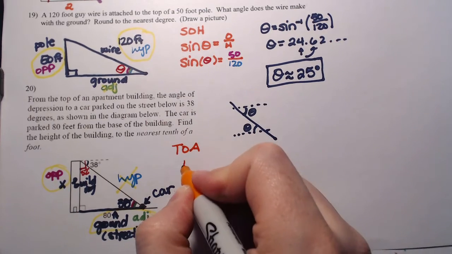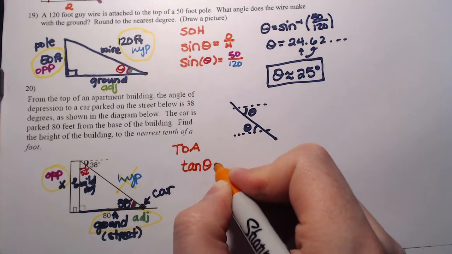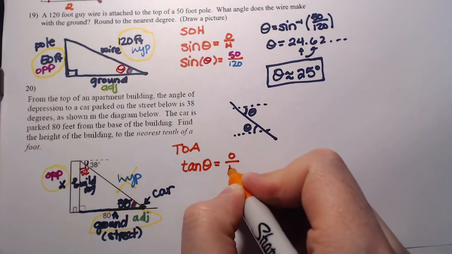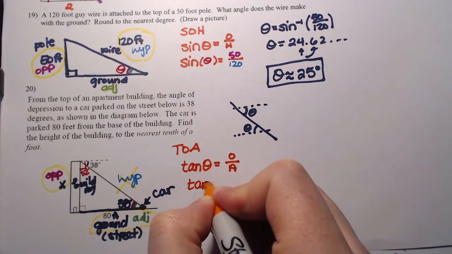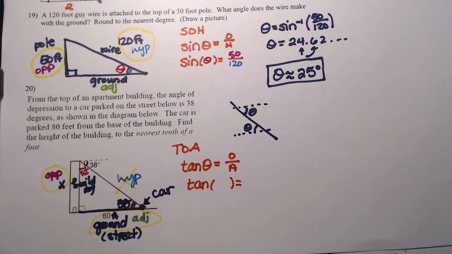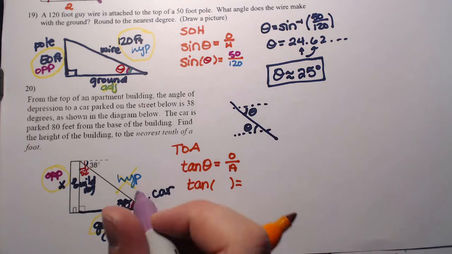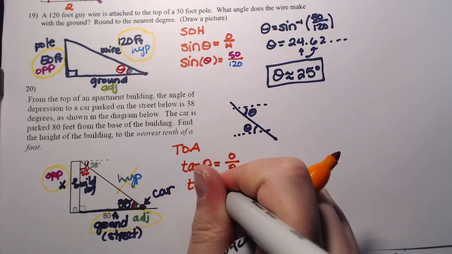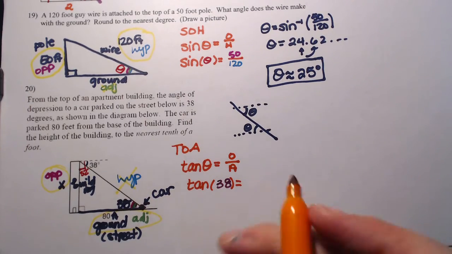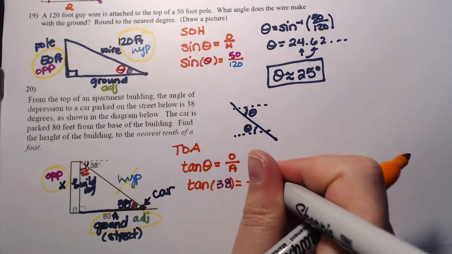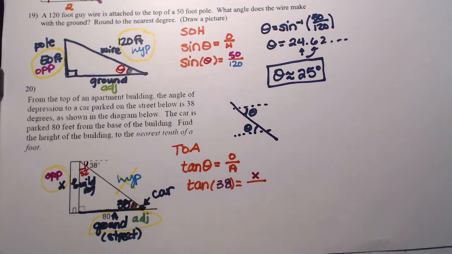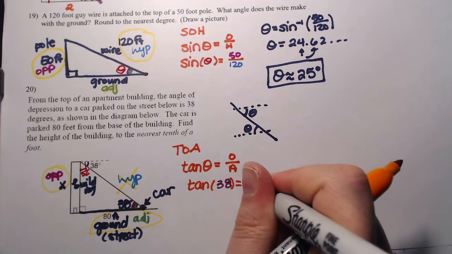Tangent. So tangent of my angle is opposite over adjacent. So fill in the information. So my angle was 38 degrees. And the opposite side was what I was finding, so x. And the adjacent side is 80.